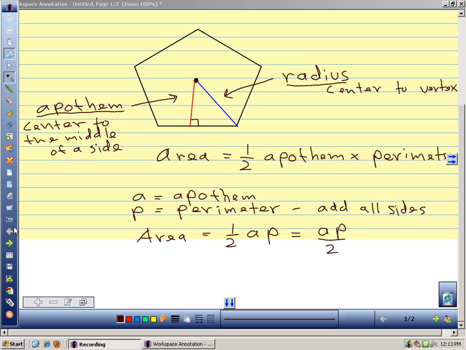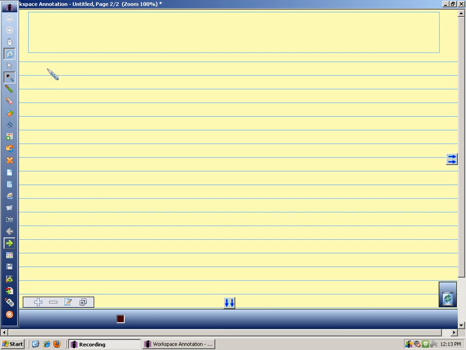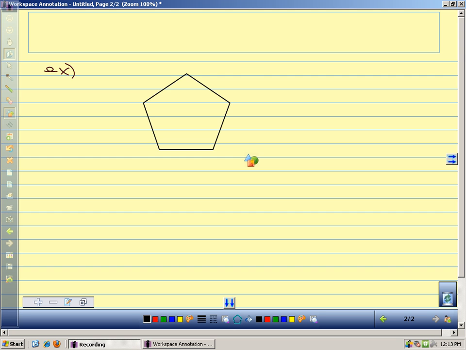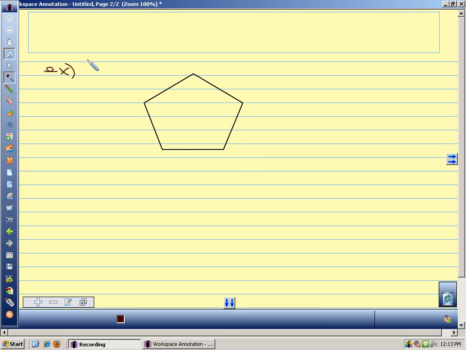Good? All right. So a couple of examples with a regular polygon. The first one, we'll use a pentagon again. And if my drawing doesn't look like it, we're going to say that this is a regular pentagon.